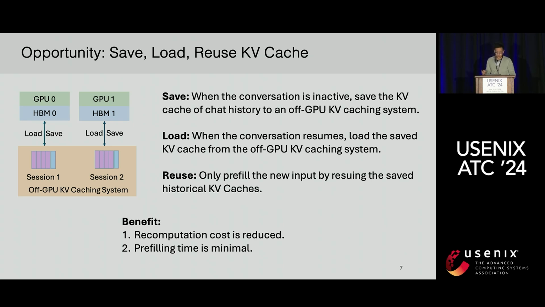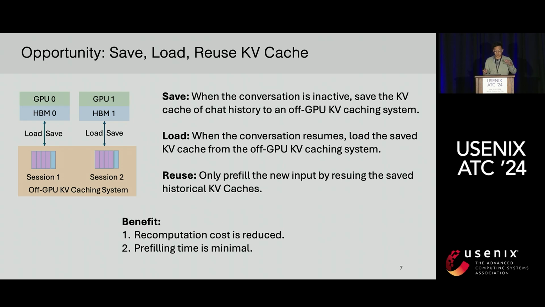For KV cache saving, when the conversation is inactive, we can save the KV cache to the off-GPU KV caching system. And when the conversation becomes active again, we can load the saved KV cache from the off-GPU KV caching system.